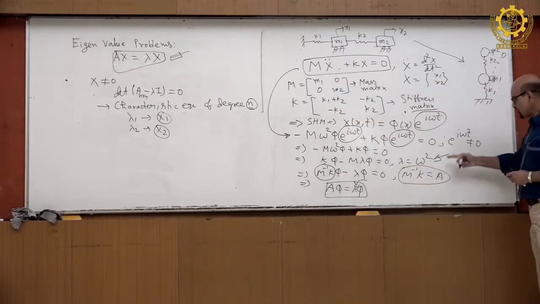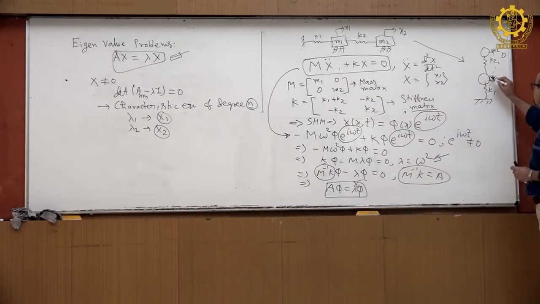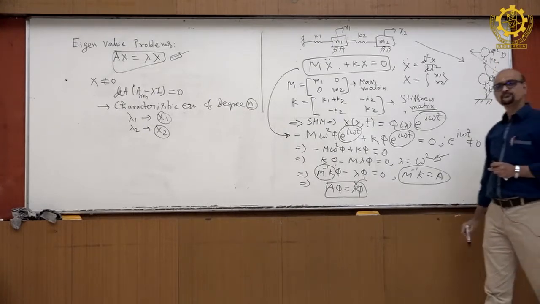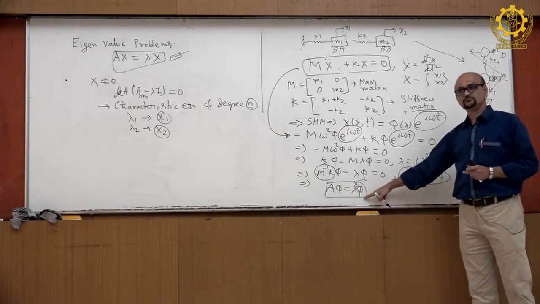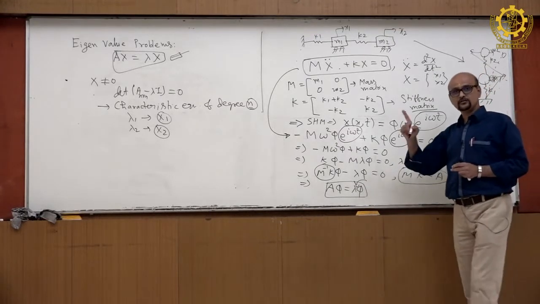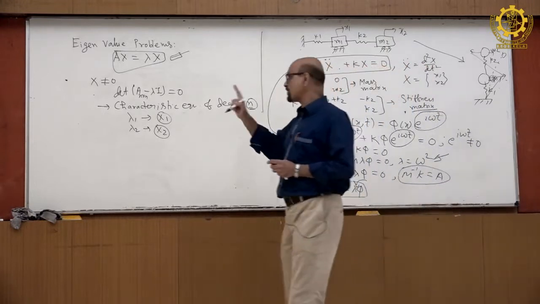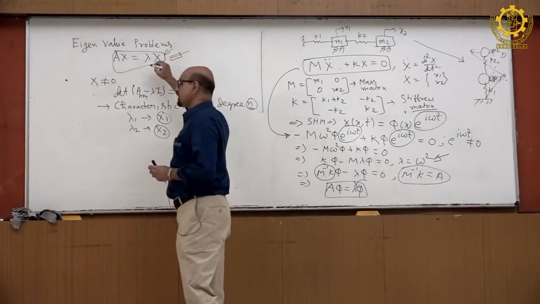Now, the phi 2 will be maybe one mass will be going this side, other mass will be going this side. So, this will be maybe like this. Okay. So, this is with respect to the second mode. Okay. So, now you have understood the application, why we need to solve eigenvalue problems like this.